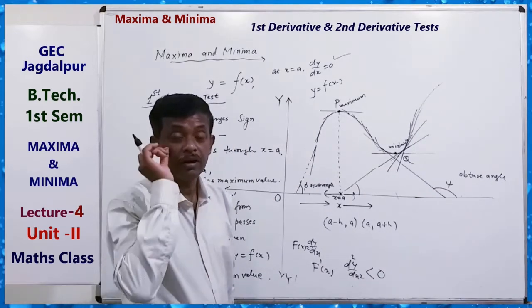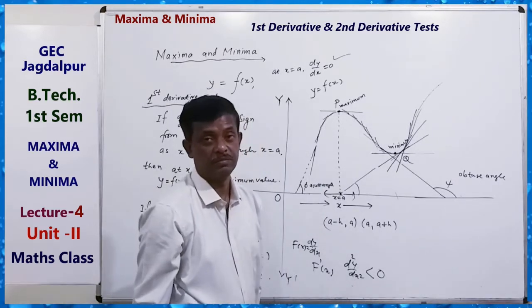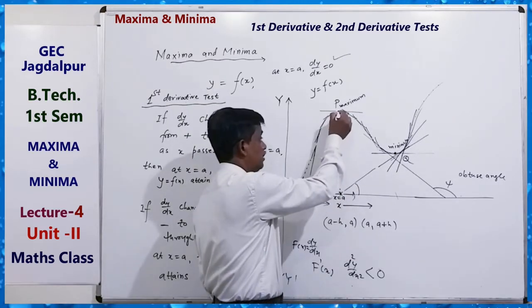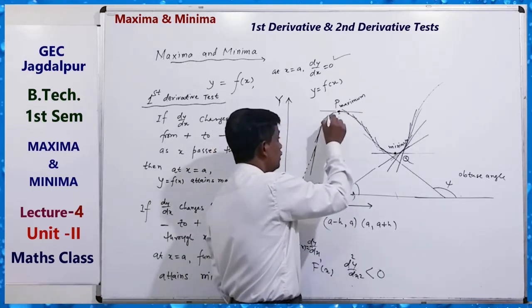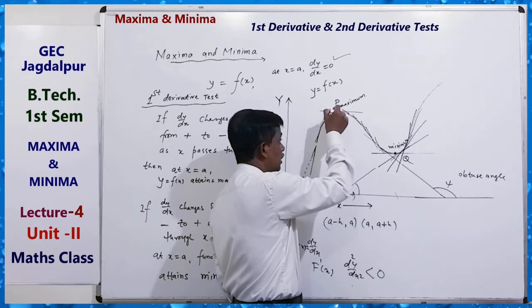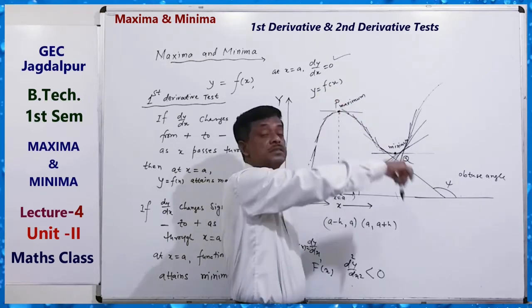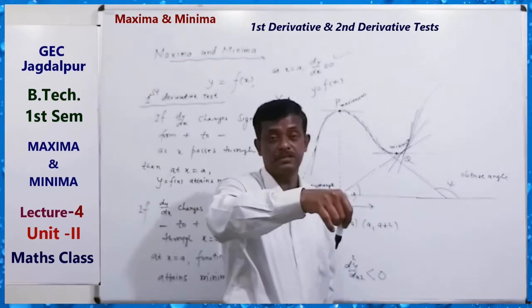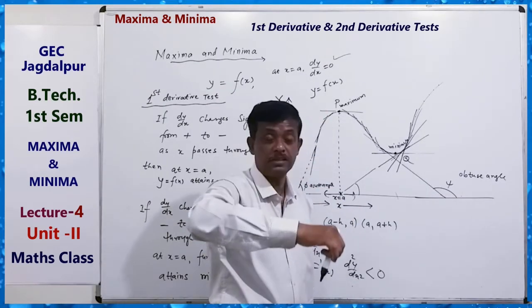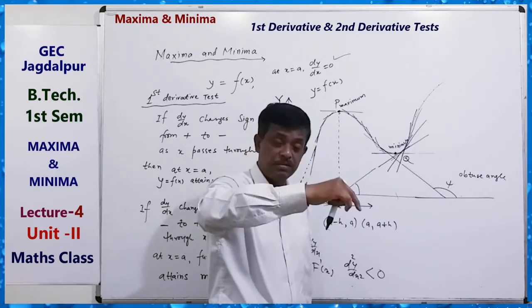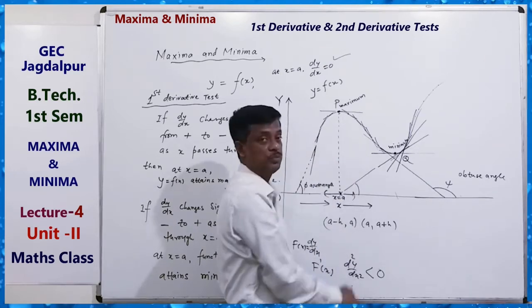Okay, for a maximum value, because the sign changes at this point from positive to negative, the derivative as a function of x is decreasing. So the derivative of the derivative is less than 0 for a maximum point.